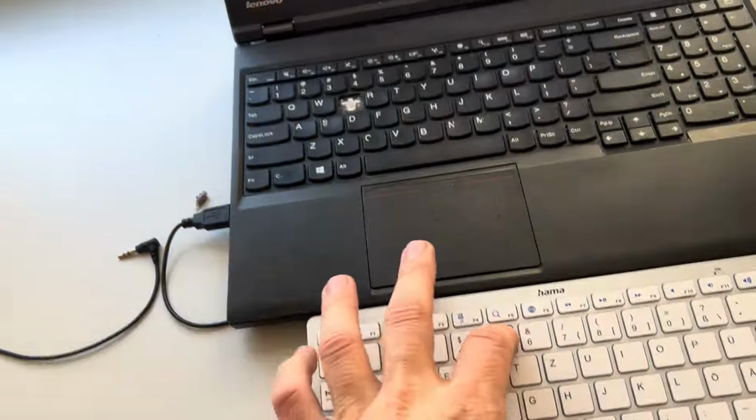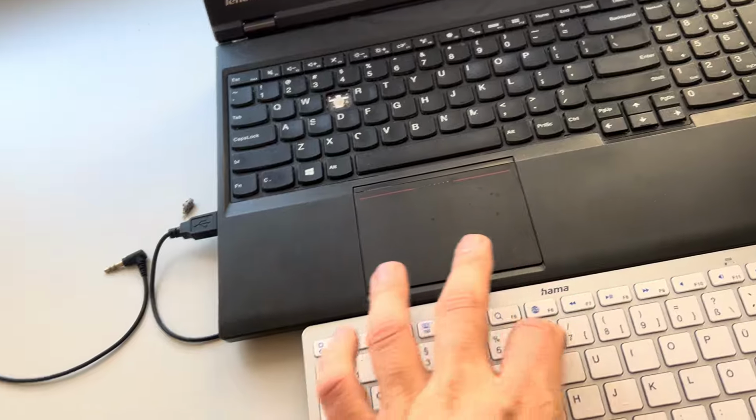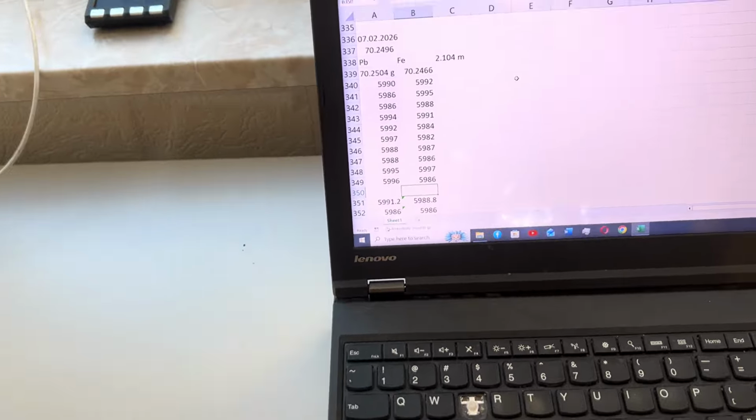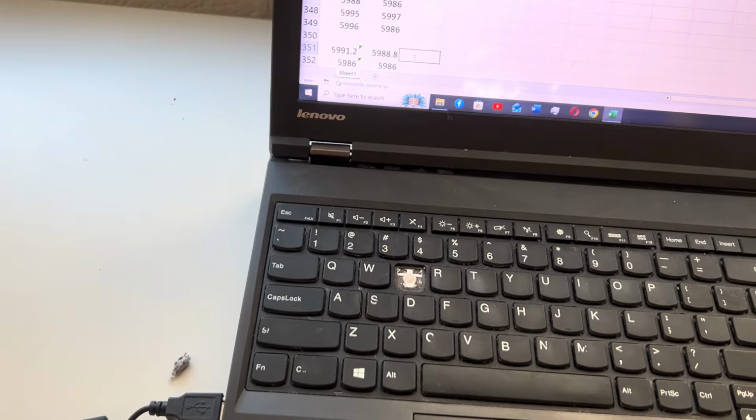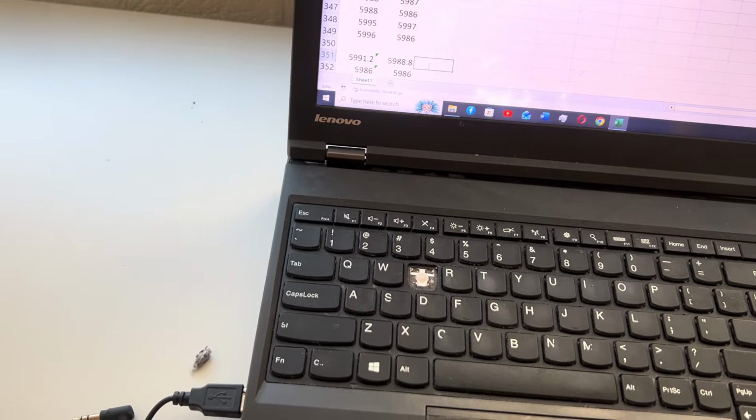Okay. 5986. So we see roughly a difference of 0.3 milliseconds.